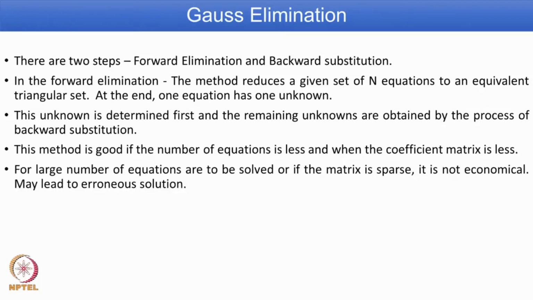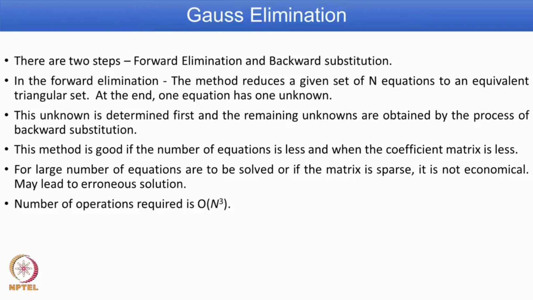This method is good if the number of equations is small and when the coefficient matrix is sufficiently simple. For a large number of equations to be solved, which is the case for example in 3D calculation, or if the matrix is sparse, then this procedure of Gauss elimination is not economical. It may also lead to erroneous results.